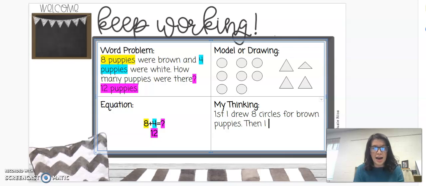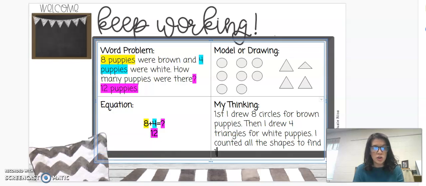Then I drew 4 triangles for white puppies. I counted all the shapes to find 12 puppies all together.